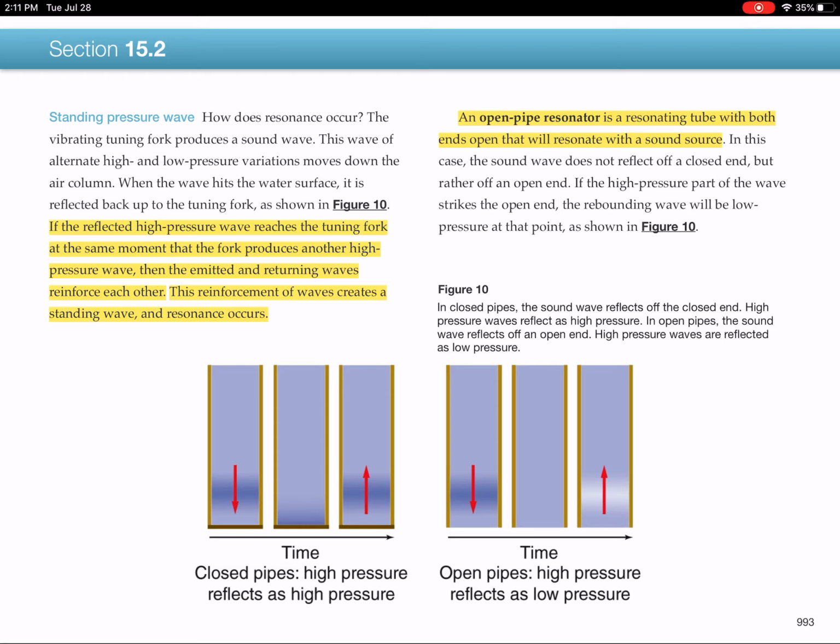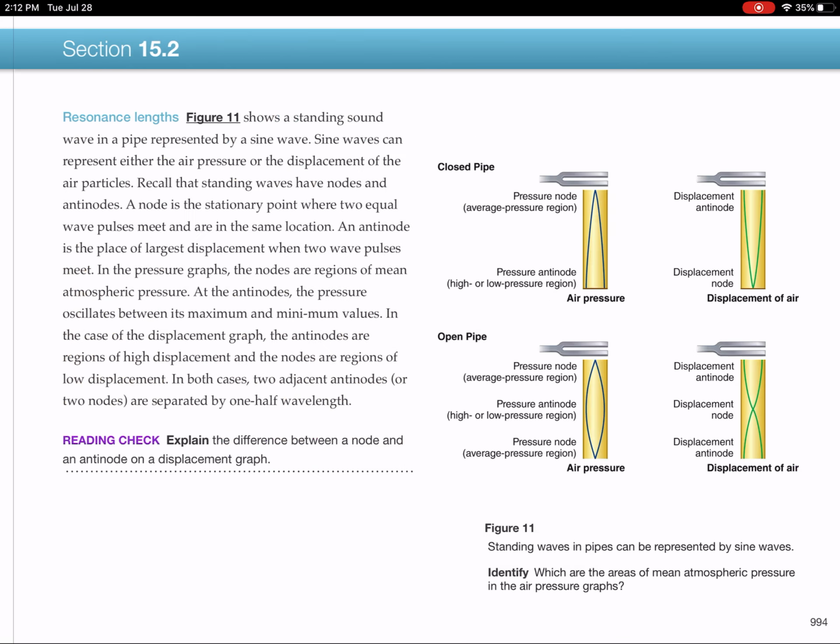Once you've got a particular wave which goes down and comes back and resonates, you're going to get a really loud sound coming from the object at that point. Now, on the left-hand side of the picture there, you notice it's closed because one side's open, the other side's closed. But if both sides are open, we call that an open pipe resonator because it's open on each end.